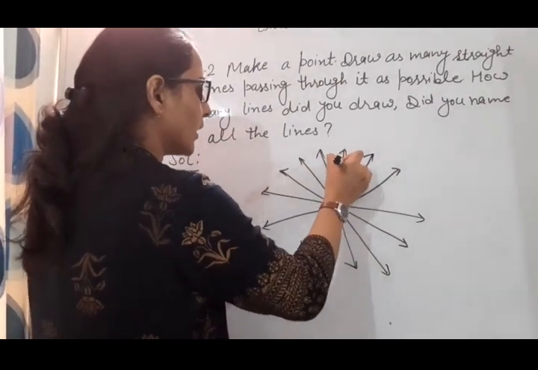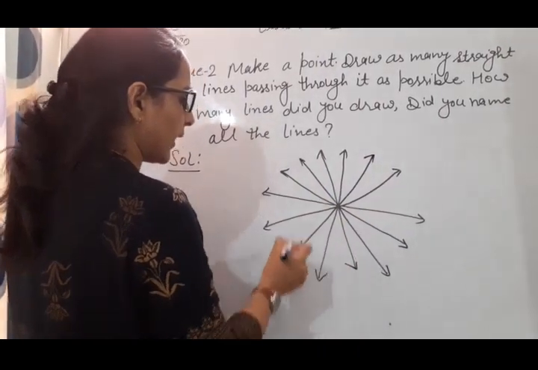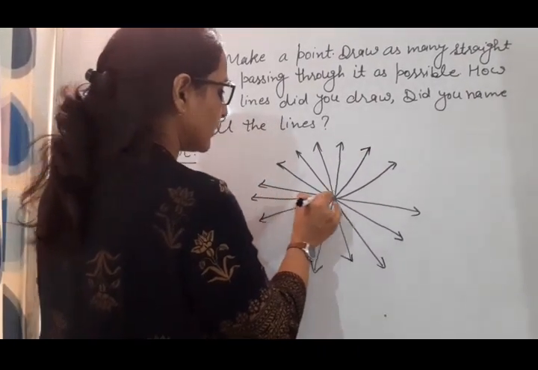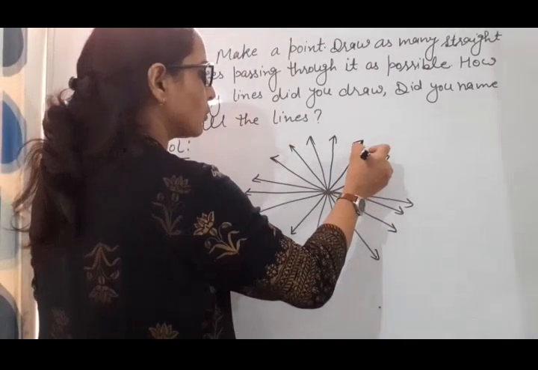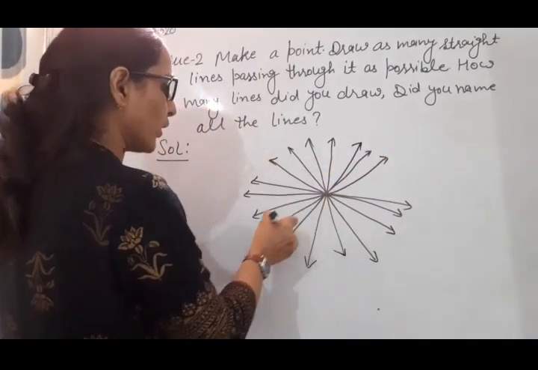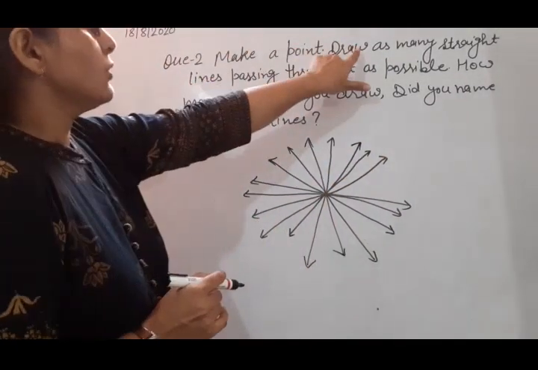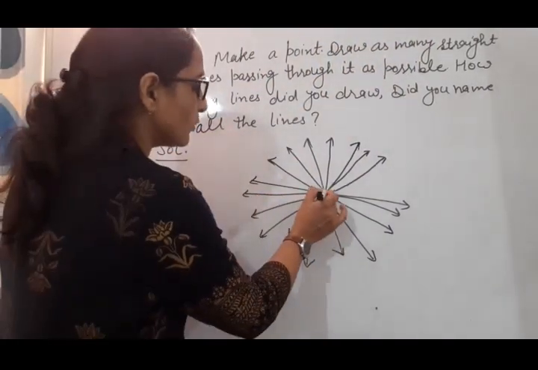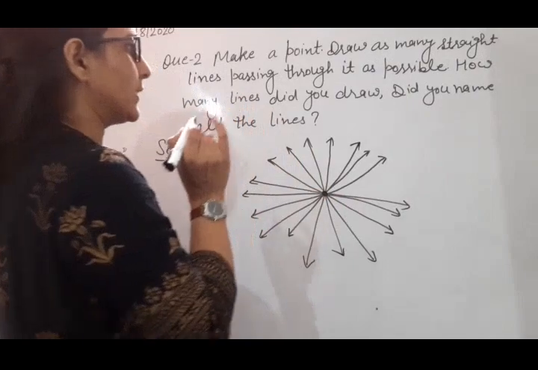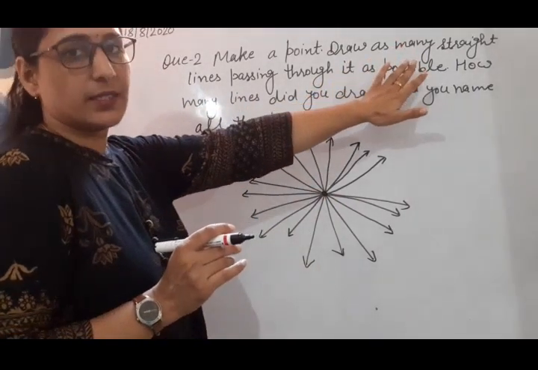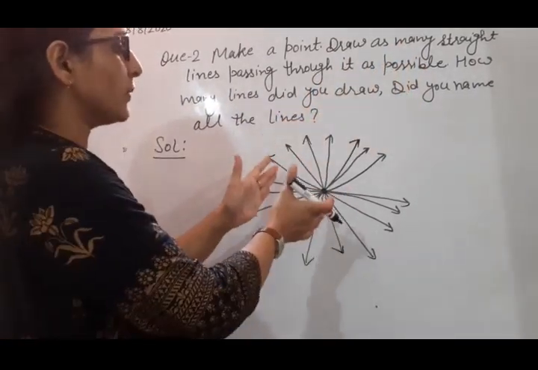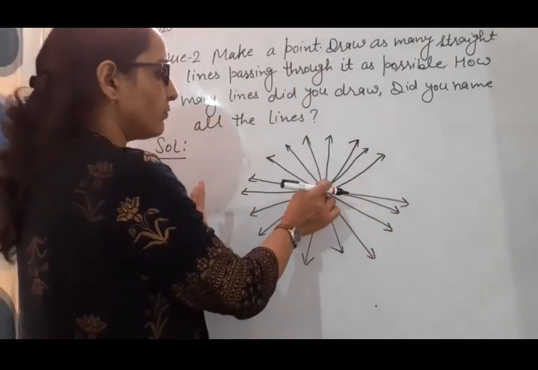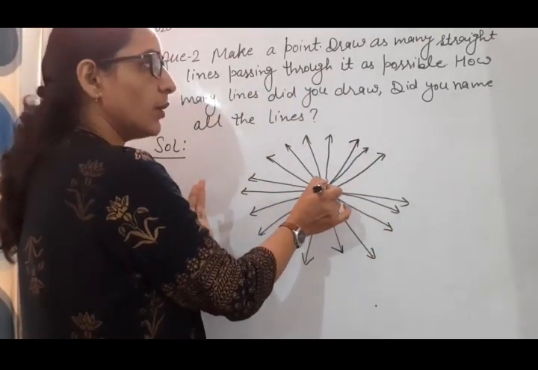So in this way we can make many lines which are passing through this point. Draw as many straight lines as possible. How many can you draw here which are passing through this point?